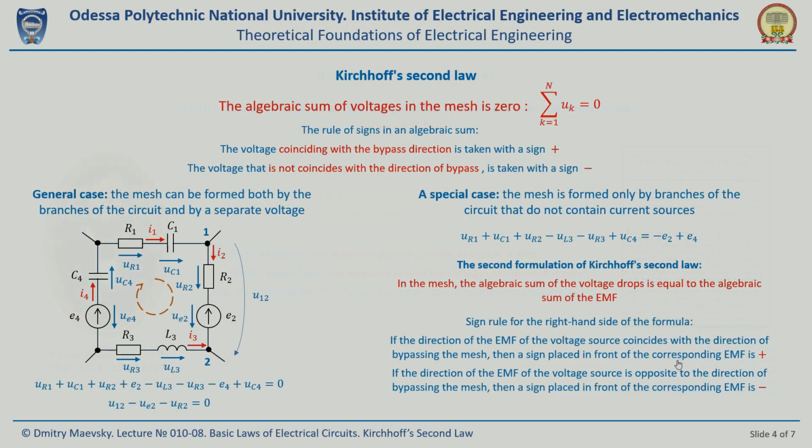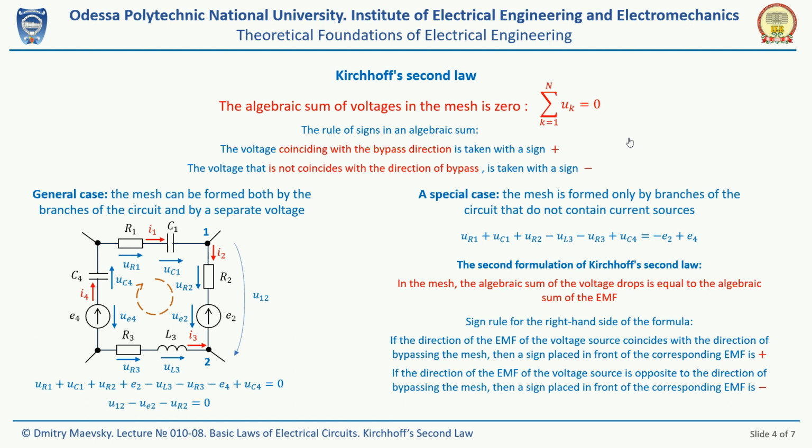And now about Kirchhoff's second law in detail. The formulation of this second law is that the algebraic sum of voltages in a mesh is zero. This is the mathematical formulation of this law.